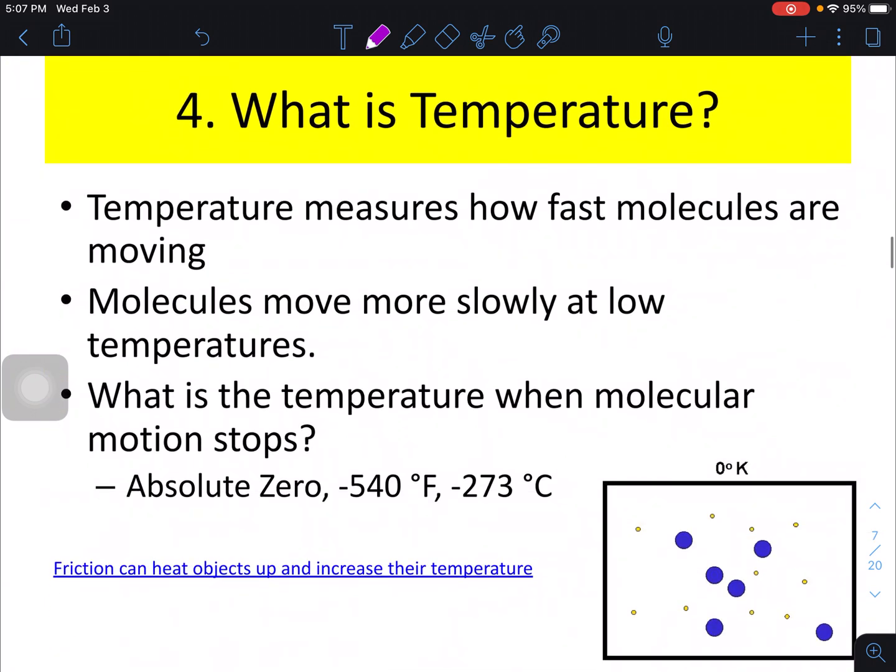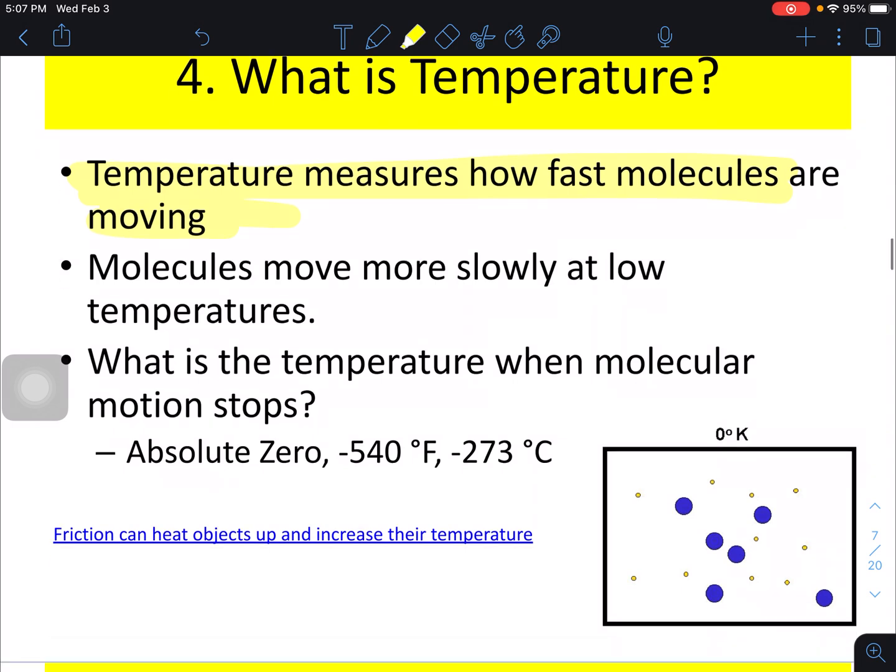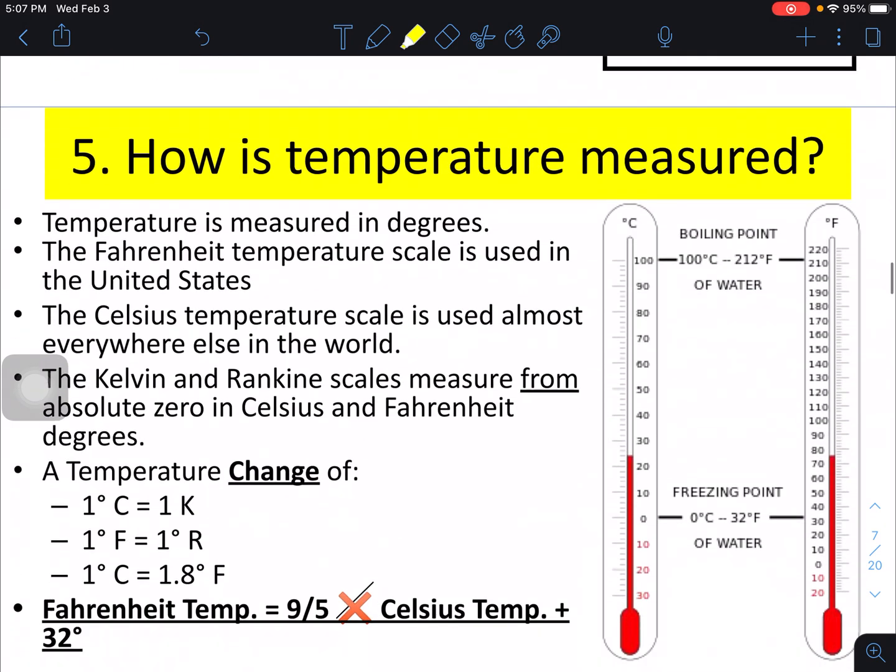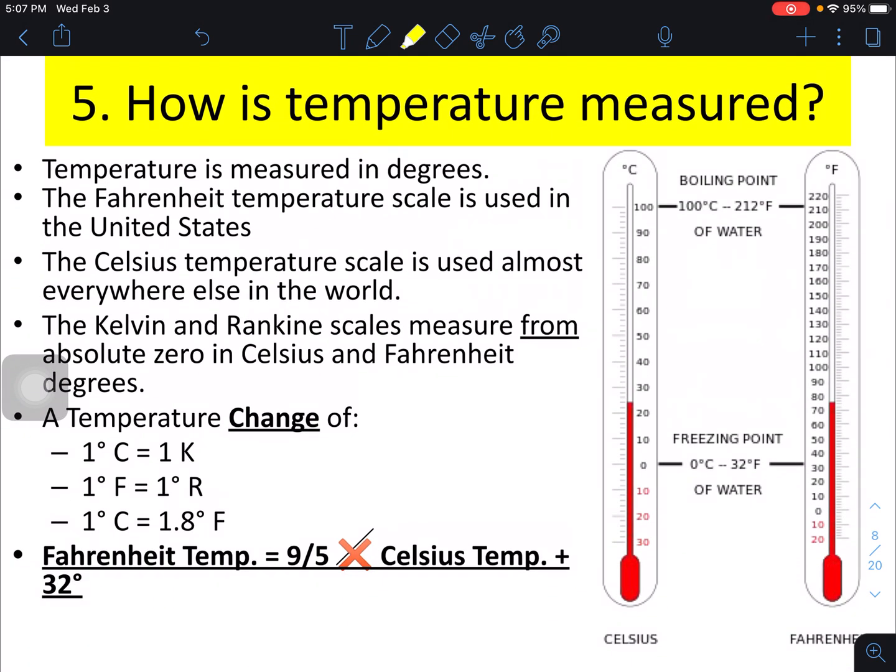What is temperature? Temperature is a measurement of how fast molecules are moving. That's what you want to put in your notes. Low molecule speed means low energy, low temperature. High energy, fast movement, high temperature. We measure temperature in degrees.